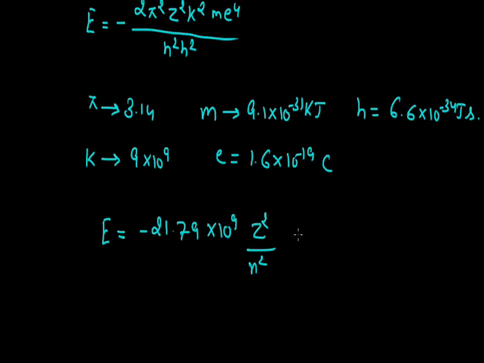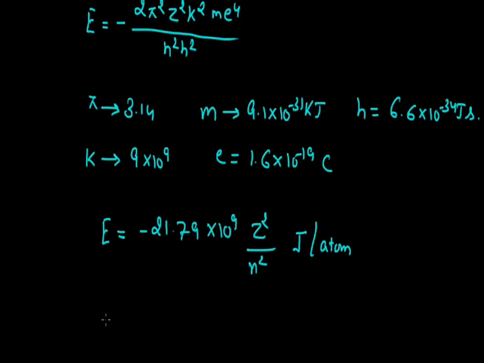Here the value of energy we are getting is in SI unit, that is joule per atom. But the most common form of this energy asked in competitive exams uses electron volt as the unit.